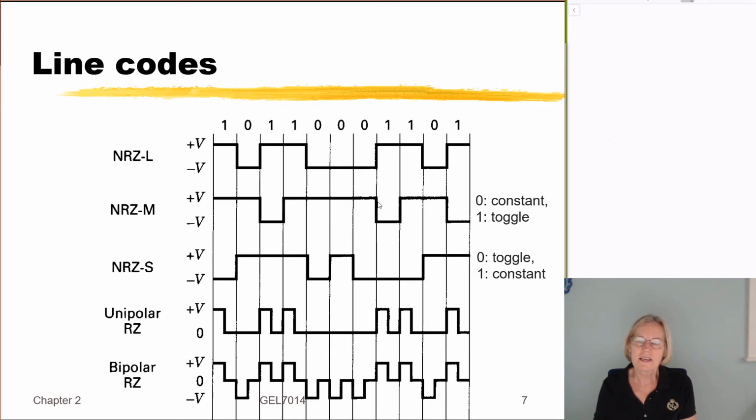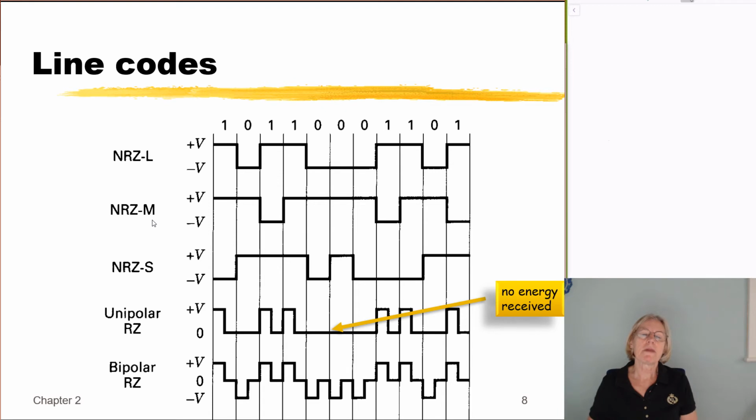So you can see it looks quite different, and here we can just change which one is the toggle bit and which one is the constant bit. So they look quite different, but the impact of this choice is changing the actual voltage signal that I am transmitting.